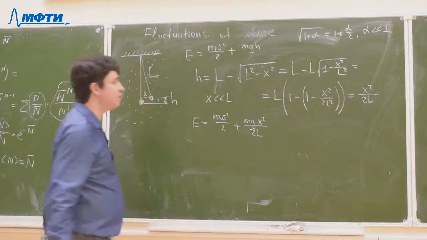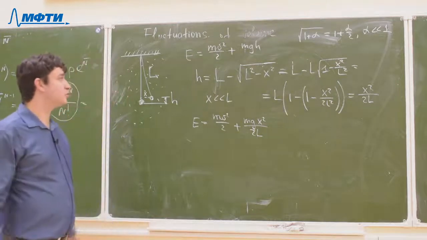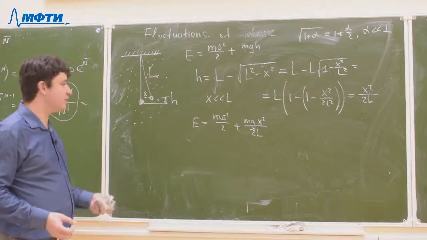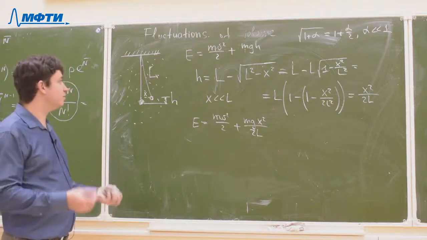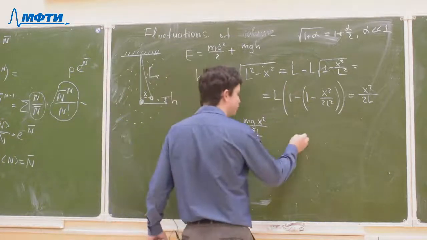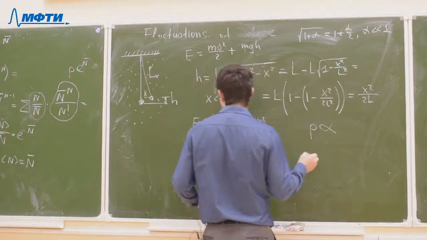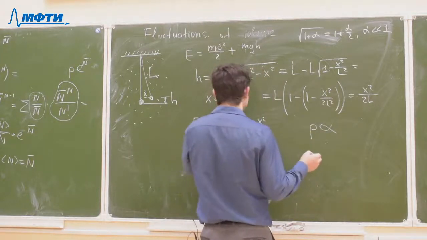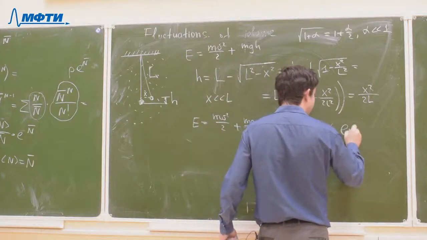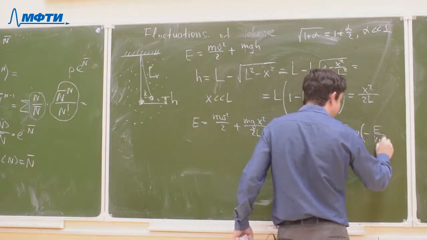And then I can apply Gibbs distribution to this energy function, because Gibbs distribution assures us that the probability for the system to be in the microscopic state with some energy E is proportional to exponent of minus energy over kBT.